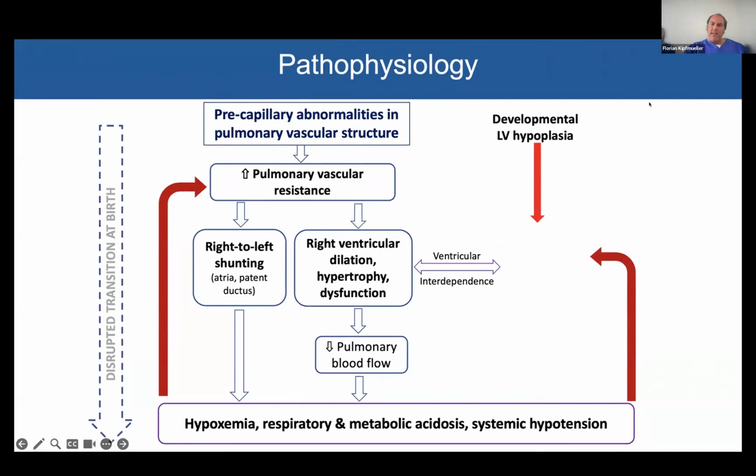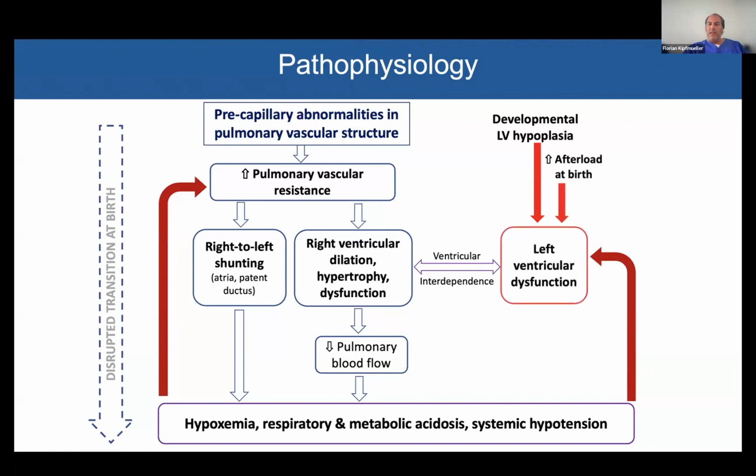So beside the developmental left ventricular hypoplasia, usually due to ventricular interdependency, we have changes in the left ventricle as the right ventricle dilates. It can compress the left ventricle, which can further lead to a lower cardiac output of the left side. Additionally, if we have systemic hypotension, hypoxia, and acidosis, this can also affect the function after birth.